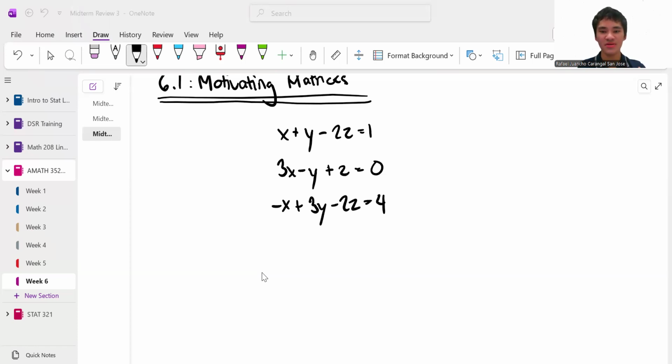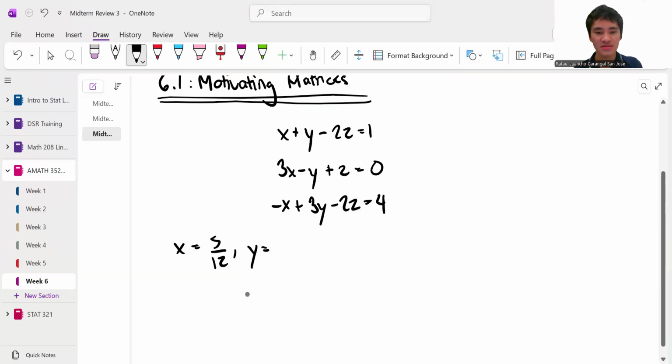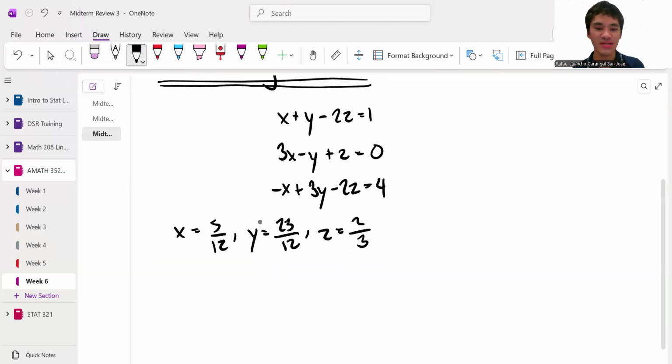If we do all of that, we get x is 5 over 12, y is 23 over 12, and z is 2 over 3, right? So using substitution or elimination, we can get to this value. But the goal in these next few weeks is to understand how we can generalize and perform this type of operation. And actually the funny thing is we can write this system as dot products.